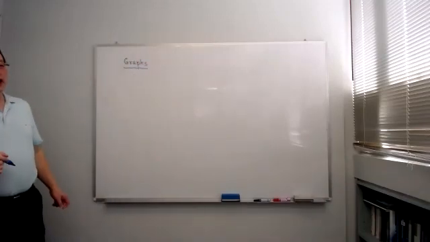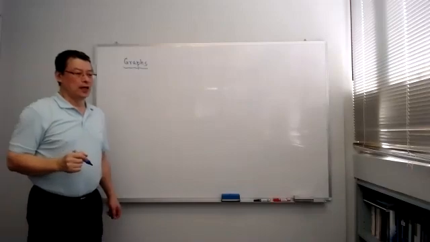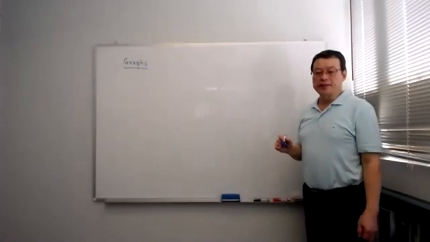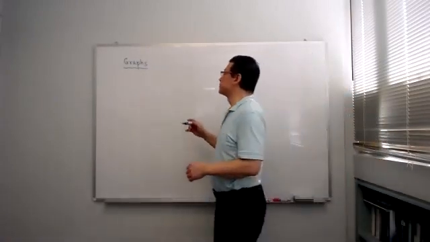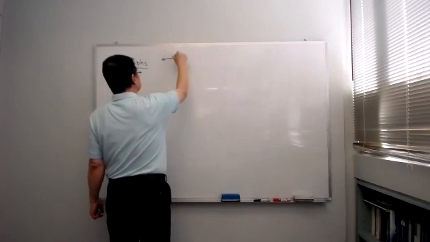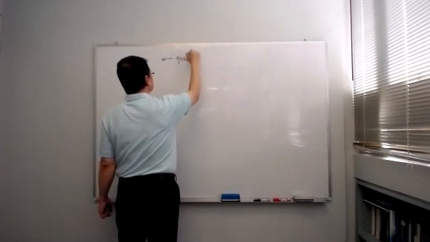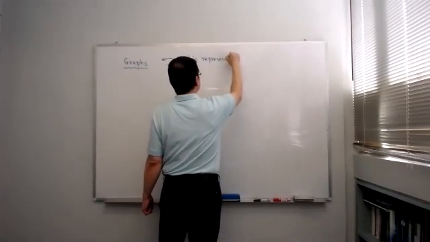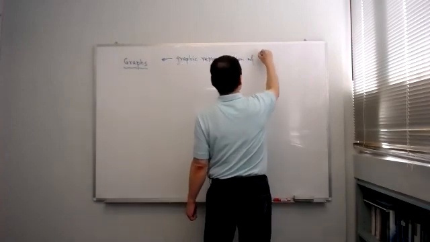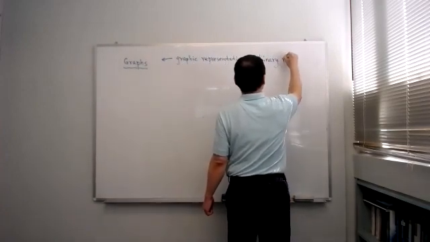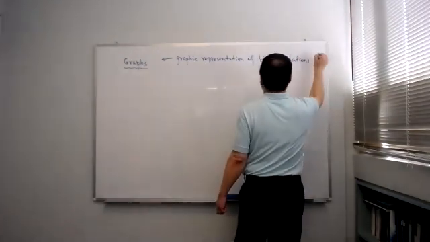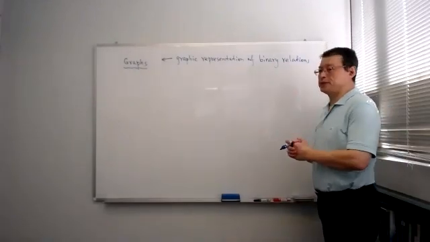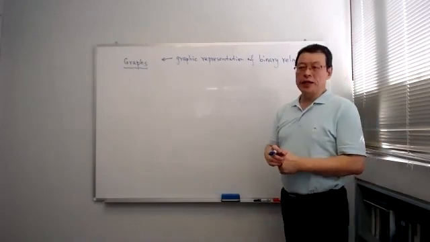So our object is called a graph. Where does it come from? Actually, in connection to this course, it comes from a graphic representation of binary relations. All right. So last week when we discussed binary relations, one way to represent a binary relation is to use a graphic representation.